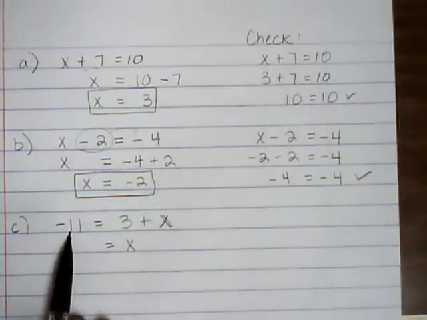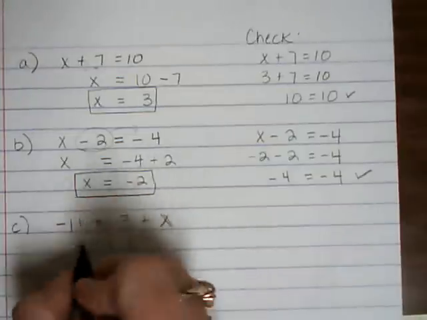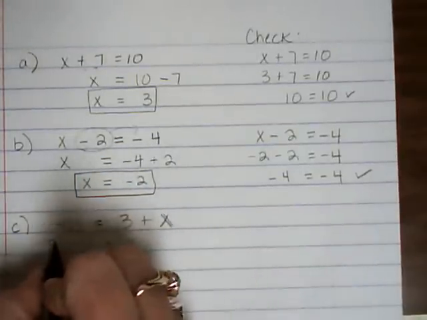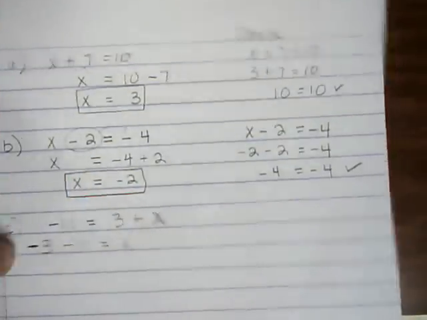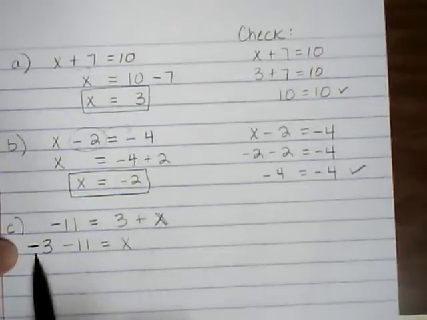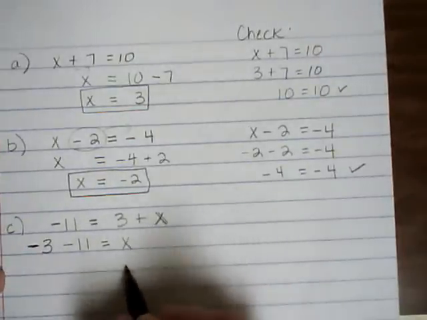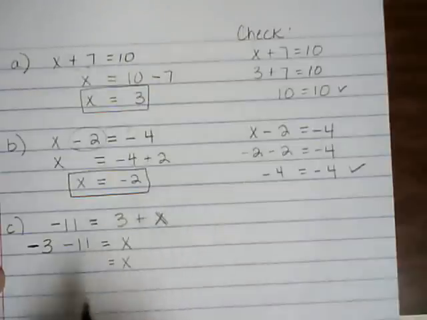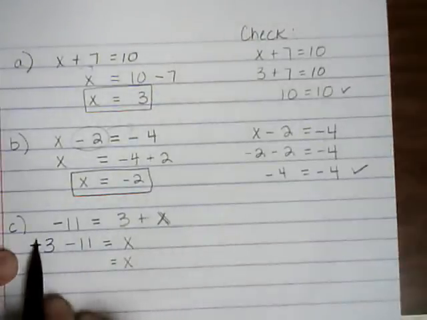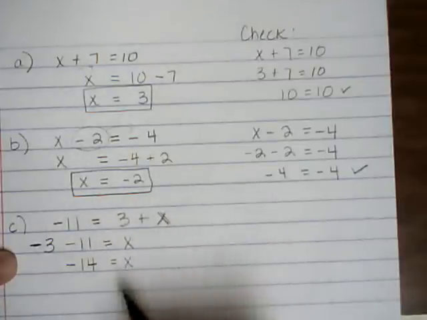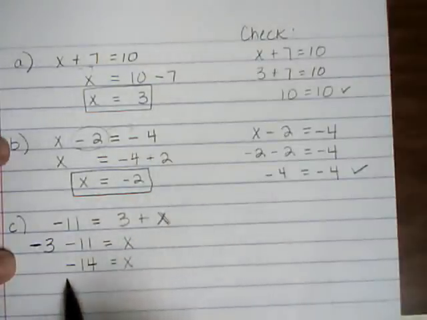When I move it over, it's going to be a negative. So I already have a negative 11. I'm going to move the 3 over, and it's going to be negative. When I move it across, it's going to change the sign. x is the only variable. Bring it down. Combine these. Negative 3 and negative 11 would be negative 14. Understood 1 in front of the x, so this would be my solution.